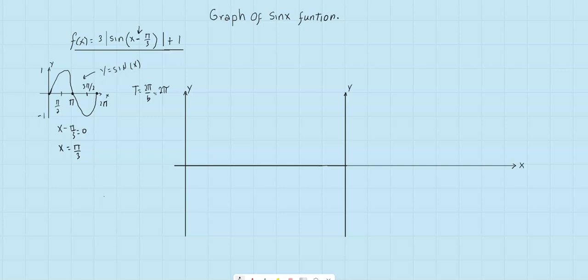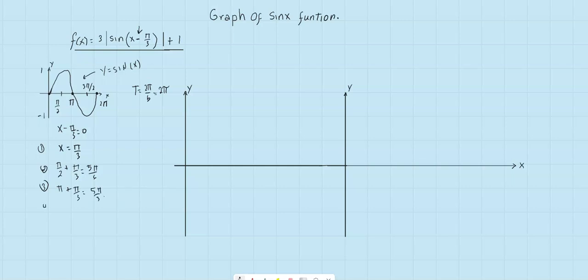So the first thing we're going to do is add. Pi half plus pi over 3 is going to be 5 pi over 6. That's my second. My third is pi plus pi over 3, and this is going to be 4 pi over 3.